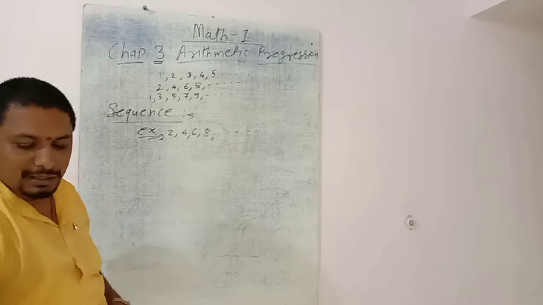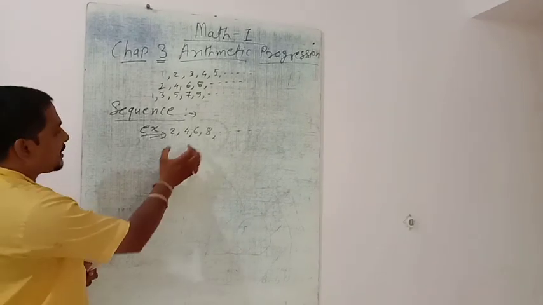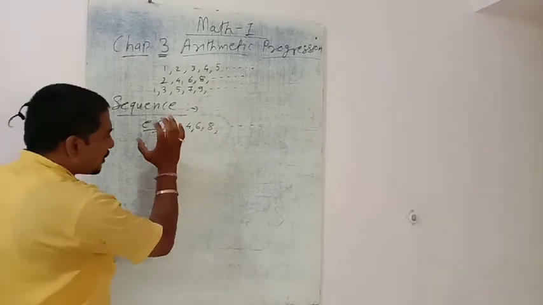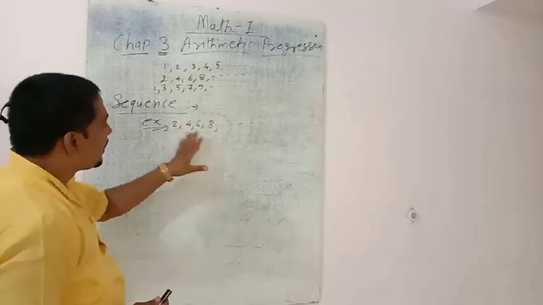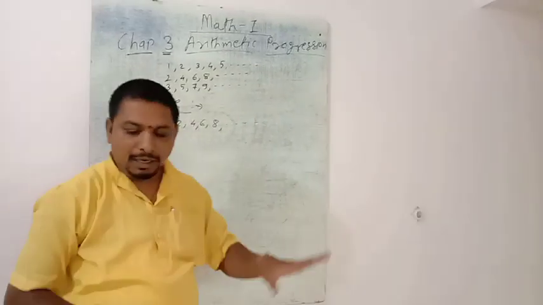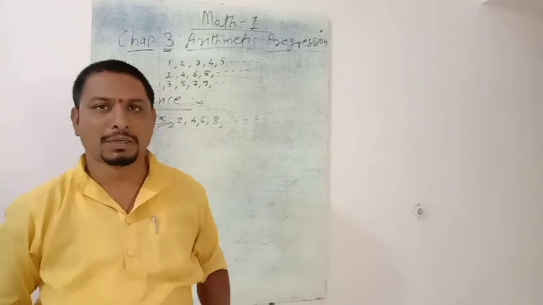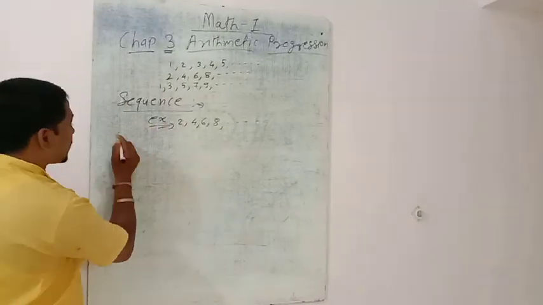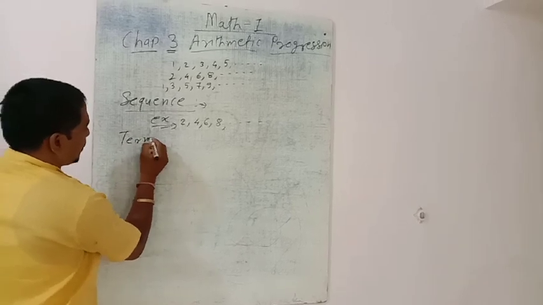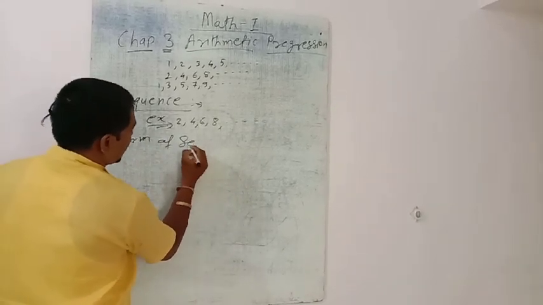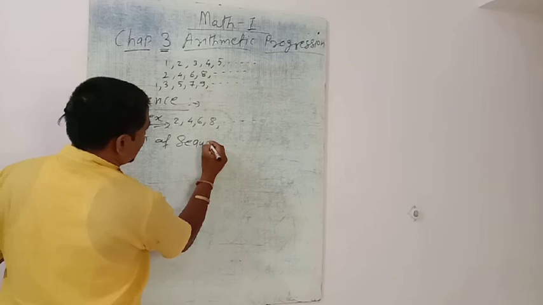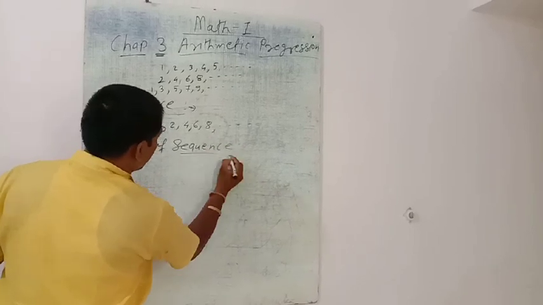A sequence contains some numbers, and every number is denoted as one term. That is the term of a sequence.